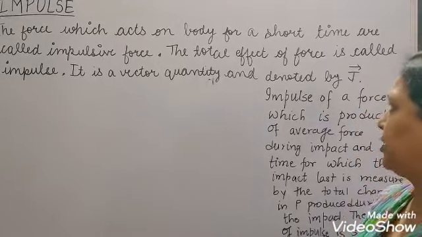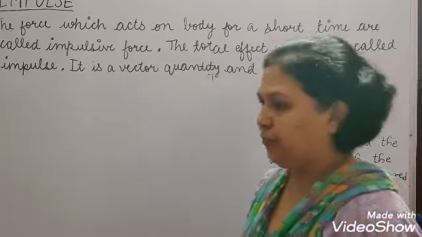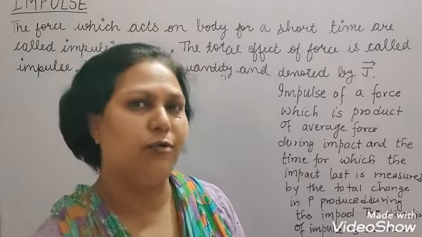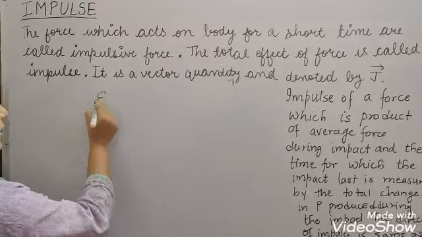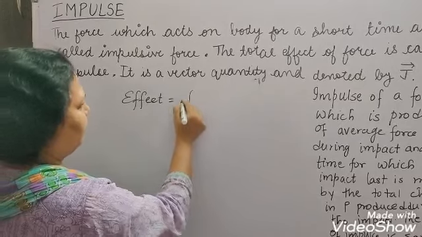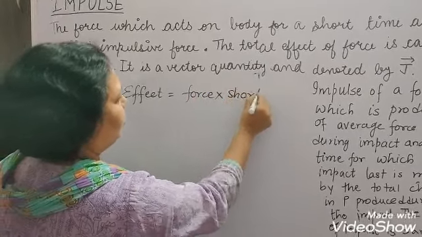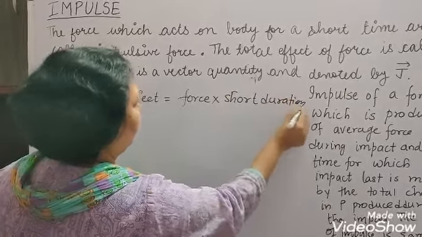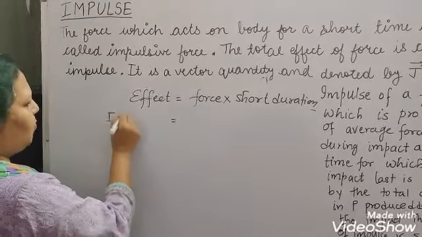It is a vector quantity denoted by J. The effect of a short duration force is the impulse.